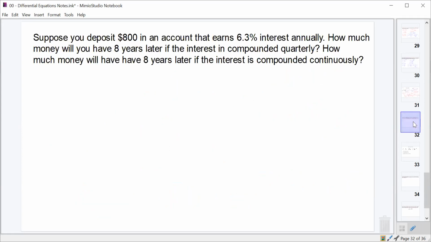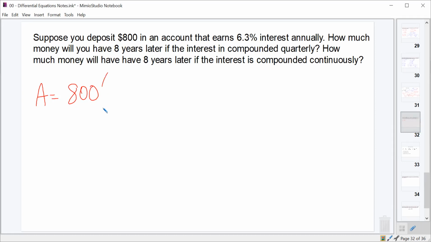And so just to make sure we can use both these formulas, we're going to take one quick situation with this and see if we can find how much money we have given both of these accounts. So for the first one, our final amount will be equal to our principal, 800. And then the first one, we are compounding quarterly.